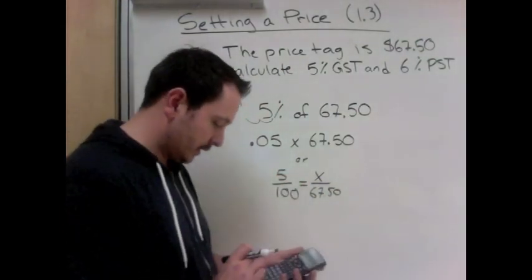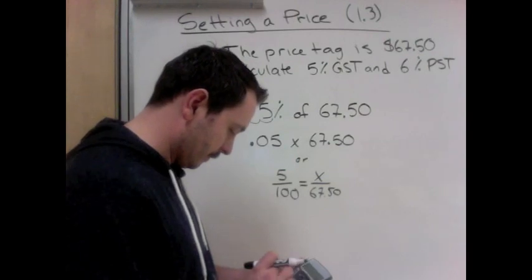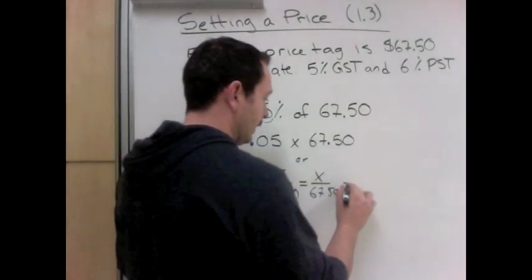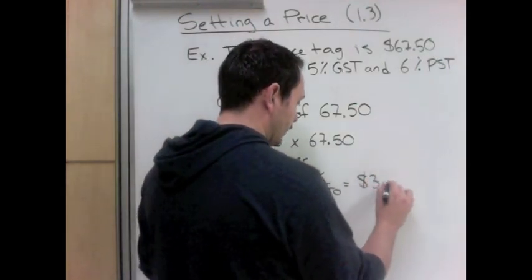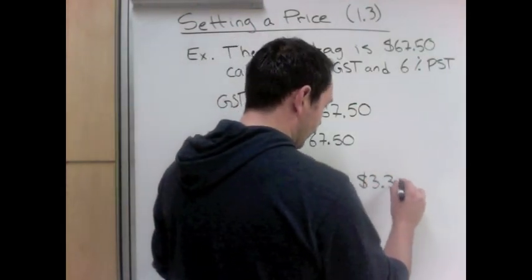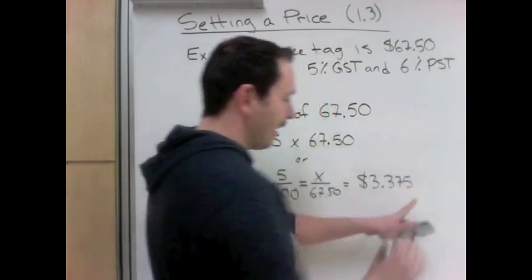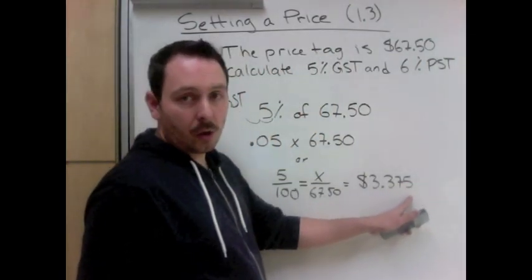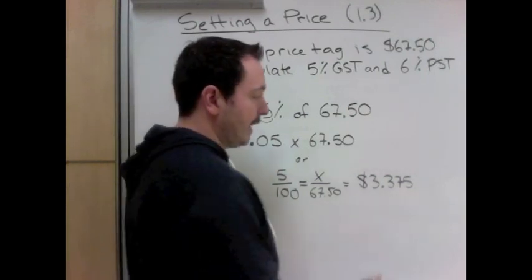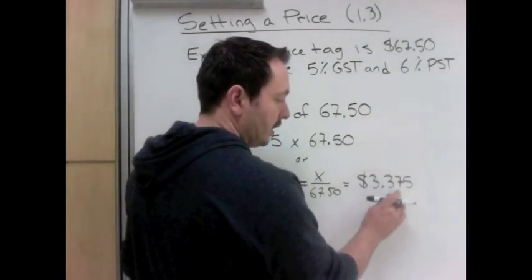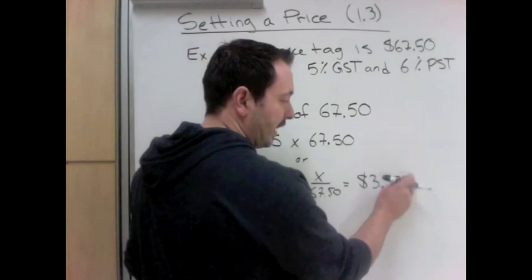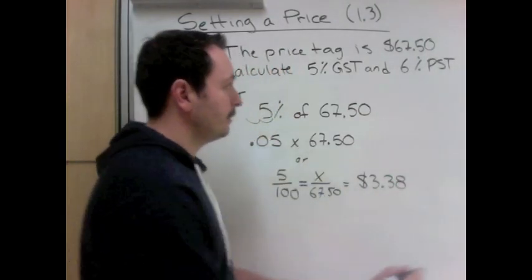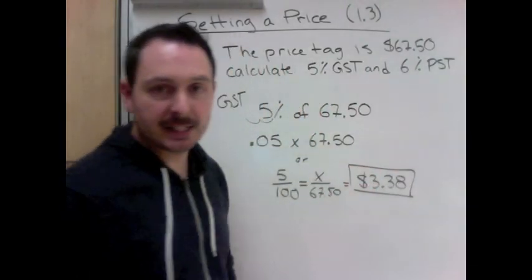Either way we do this, we get $0.375. Always round money to the nearest penny. Penny is 2 decimal places, so this 0.375 is going to become 0.38. So that is the amount of our GST.